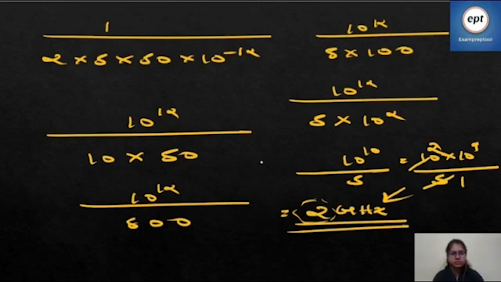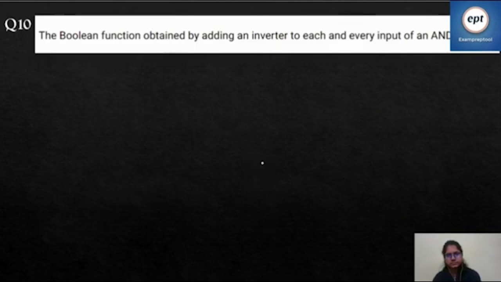Okay, so let's move on to the next question now. The next question is: the Boolean function obtained by inverting the Boolean function obtained by adding an inverter to each and every input of an AND gate is.